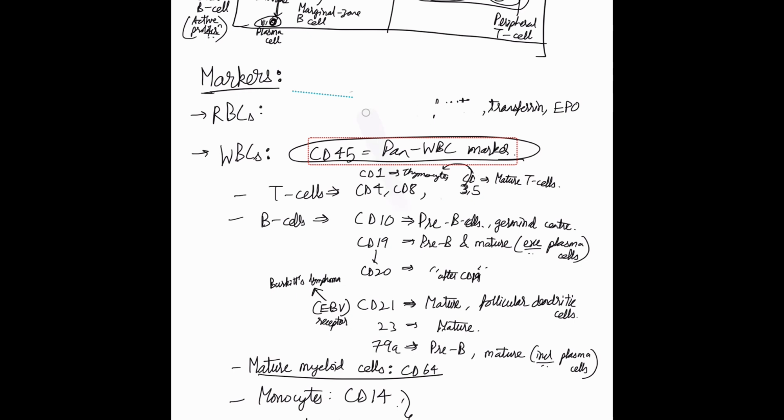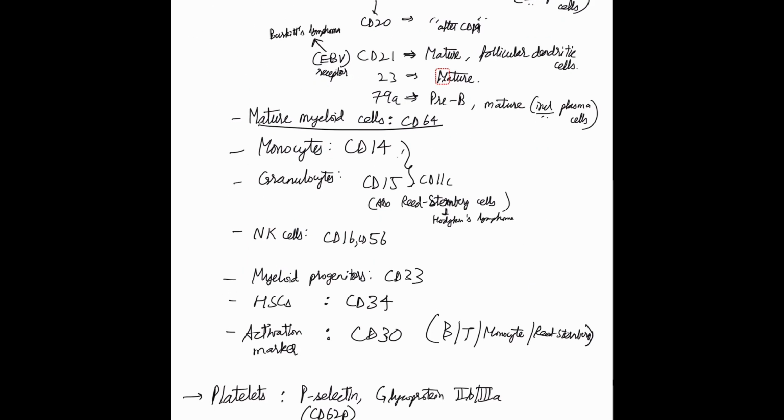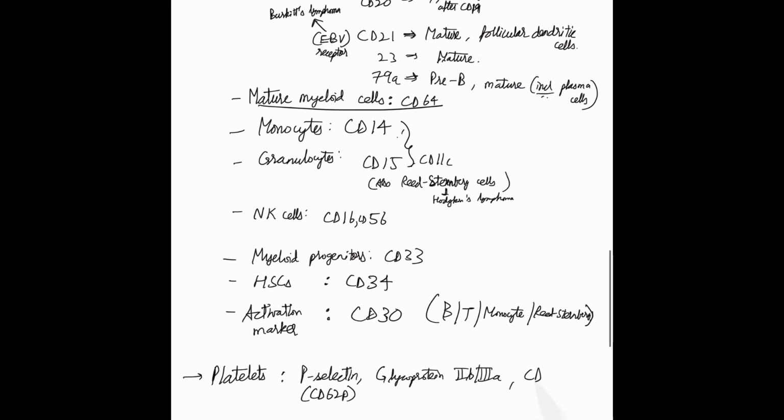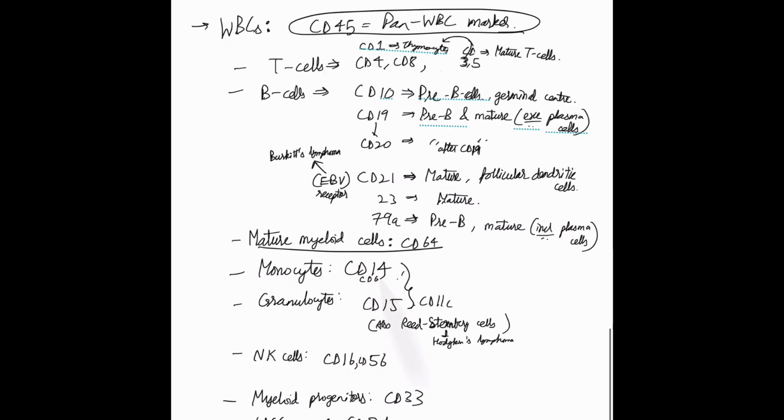Okay, so small mistake here. These are all RBC biochemistry markers. So the proper red blood cell markers are A, B, and RhD antigens. For platelets, of course, don't forget we have CD41, 42, and 62. CD71 for RBCs and CD64 for monocytes.